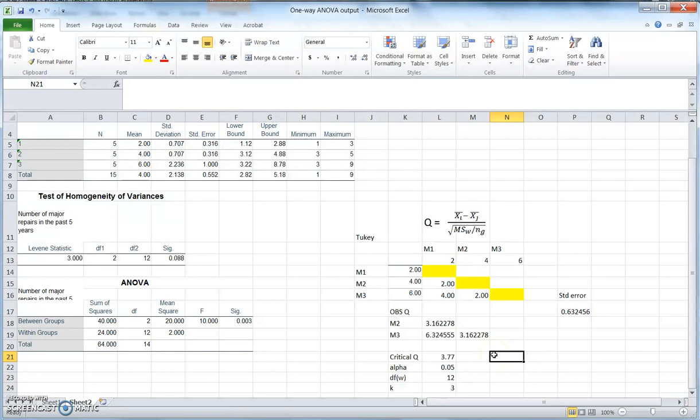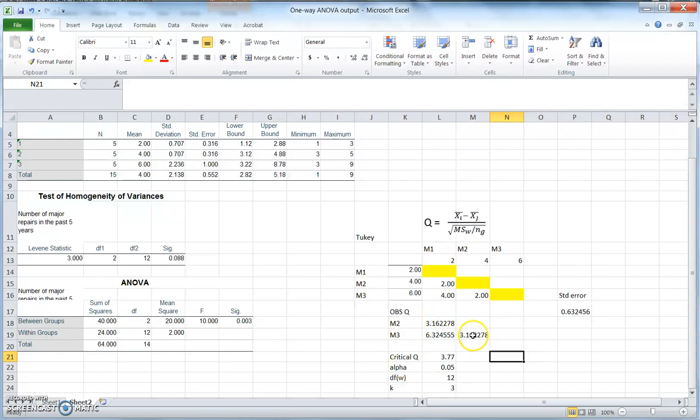Okay, now if you compare your observed with the critical value, if the observed value is greater than the critical Q value, you're going to reject the null hypothesis, which means the pair you're comparing have a significant difference. And in our case, model 1 versus model 2 have a Q observed lower than the critical.